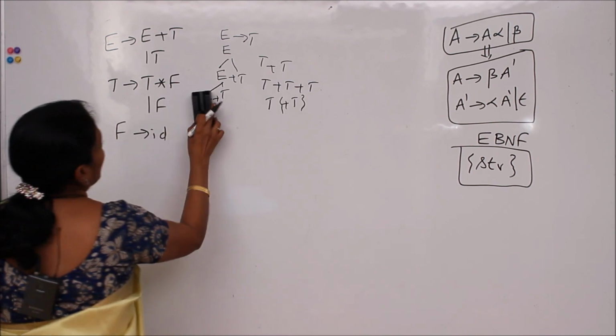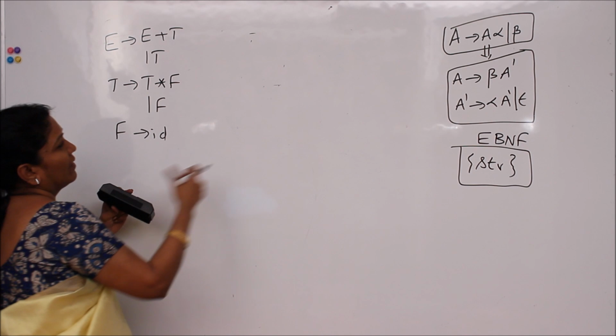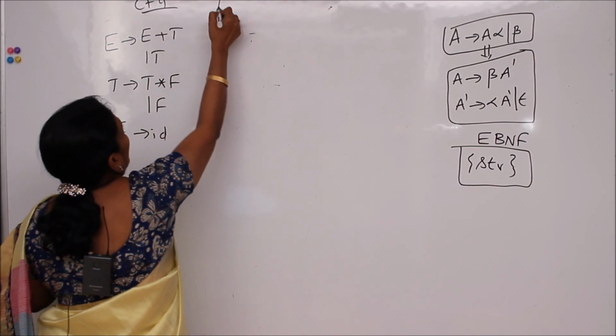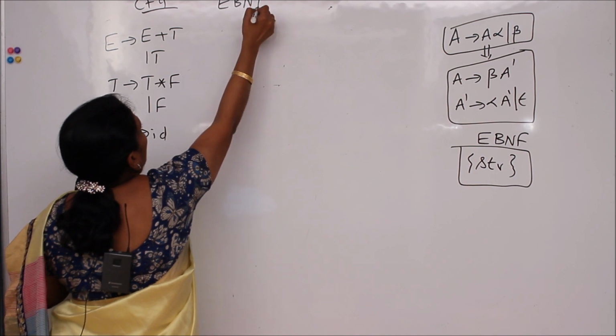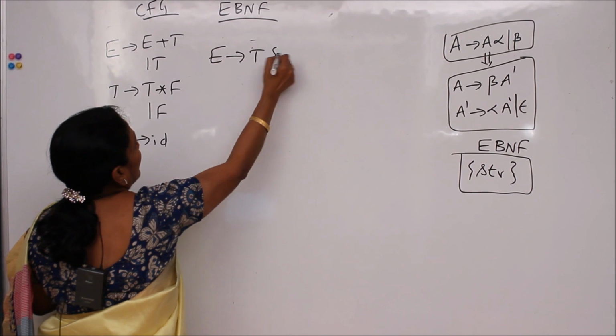So I'll rewrite the first production, this CFG, into EBNF notation like this. E can be T {plus T}.